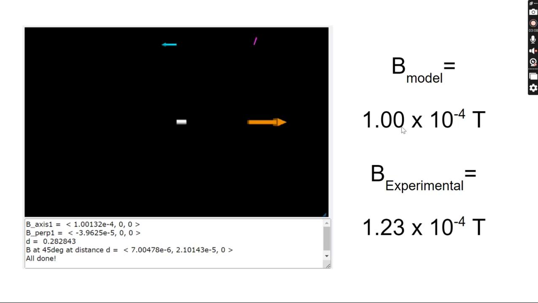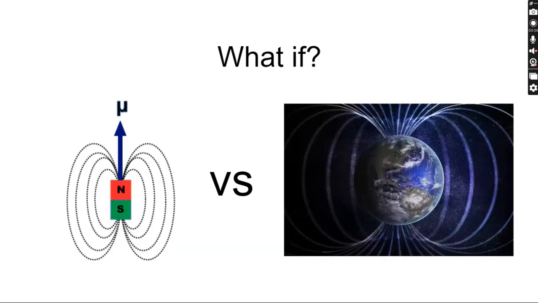For example, for one of our readouts, this specific orange arrow here, we calculated the magnetic field at that point to be 10 to the negative 4 Tesla, when we actually measured it to be 1.23 times 10 to the negative 4 Tesla. So very close, on the same order of magnitude, showing the computational model is effectively predicting where the magnetic field will be at different points.